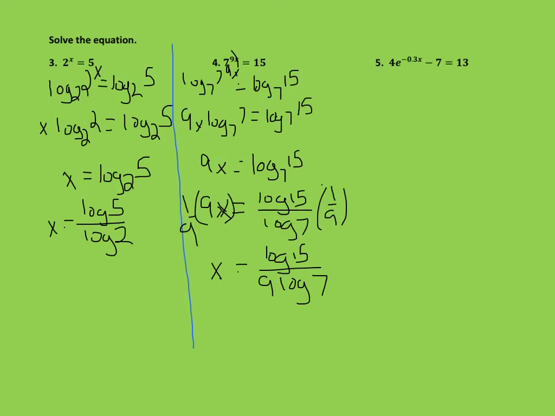So here we got to do a couple things first. Got to add that 7 over. So add the 7. Divide by 4.